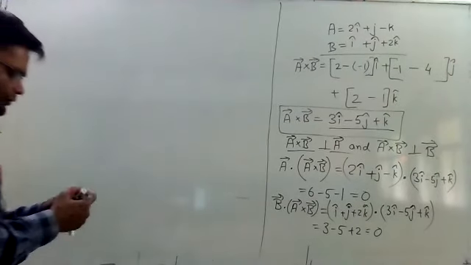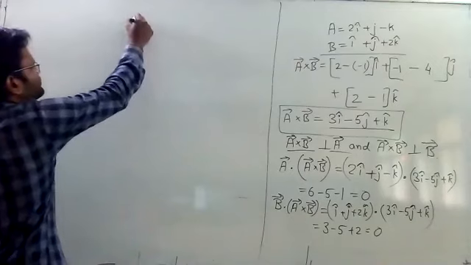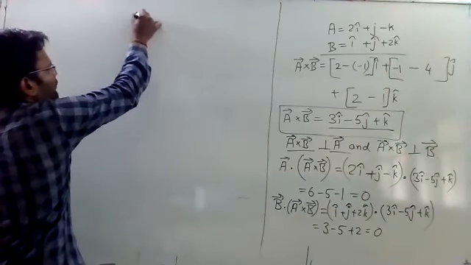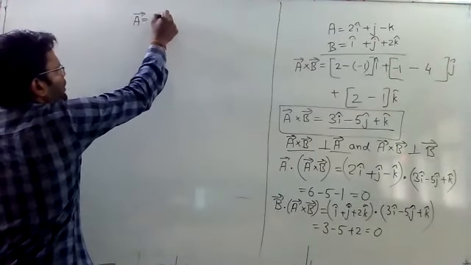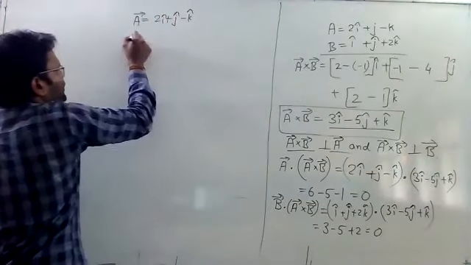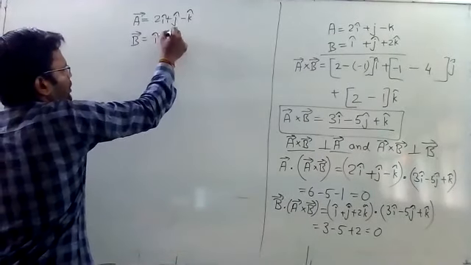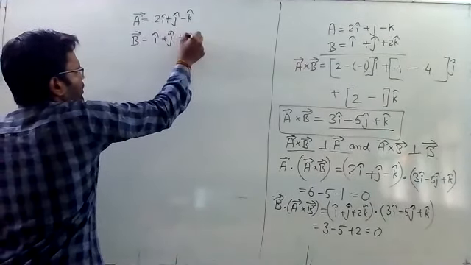We can even find the vector product of the two given vectors directly. See here. A vector is equal to 2i plus j minus k and B is equal to i plus j plus 2k.